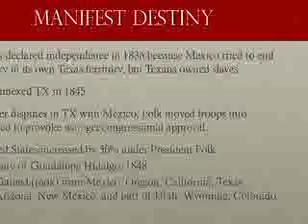So Texas declared independence in 1836 because Mexico tried to end slavery. The United States annexed or took over Texas in 1845. Now, there were continuing border disputes between Texas and Mexico, and President Polk sent the army to Mexico, and a lot of historians believe that he sent them down to the border hoping that the Mexicans would start and push back.